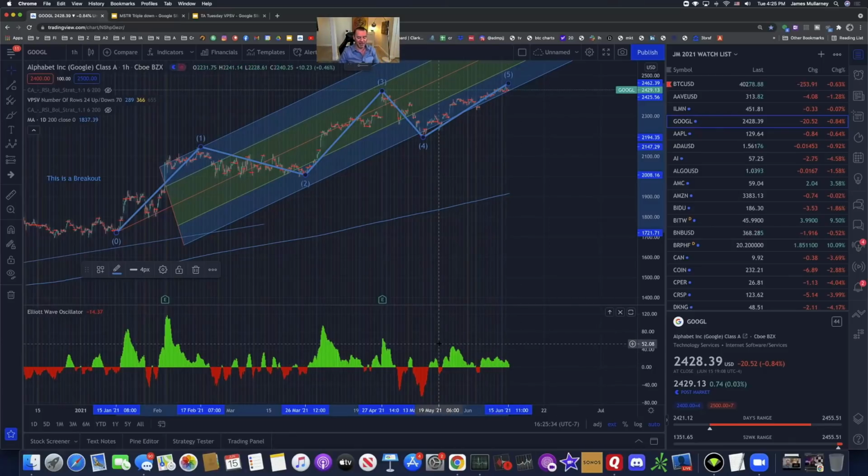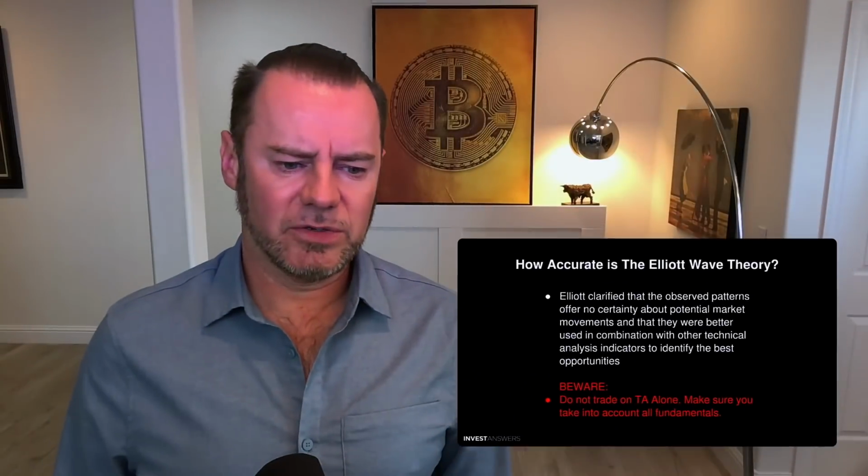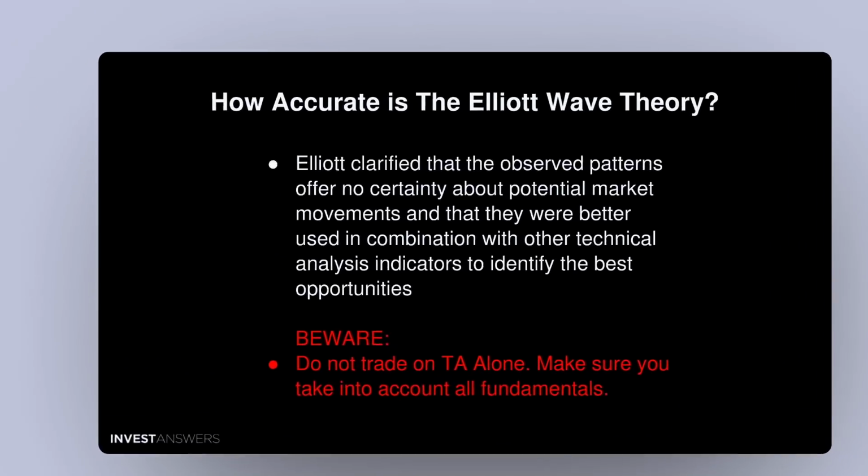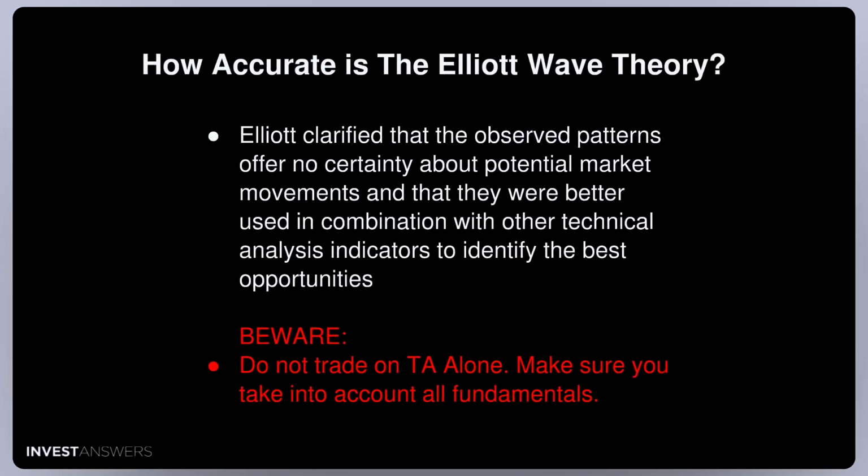Super nice, super handy. Again, I enjoy using it. And in quick conclusion, very, very important for everybody to realize, Elliott clarified that observations and patterns offer no certainty about potential market movements, and that they're better used in combination with other tools.